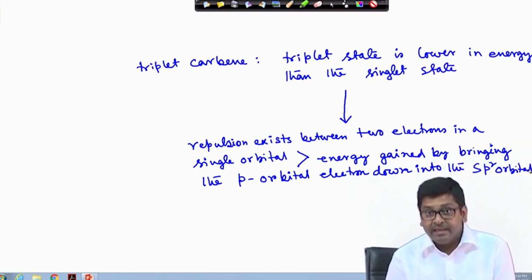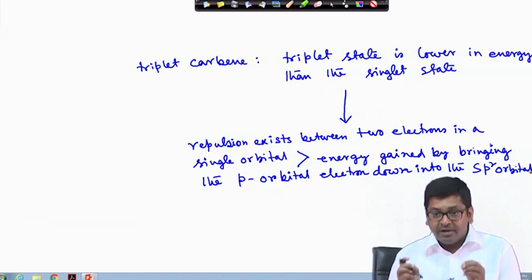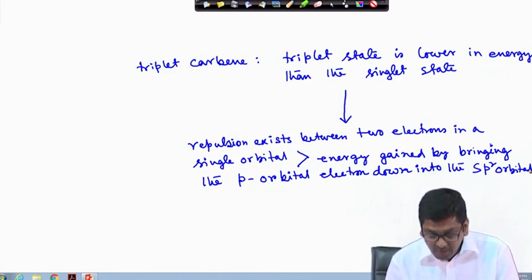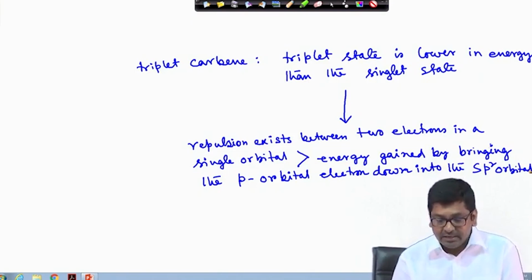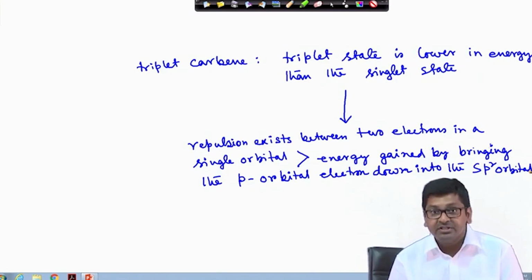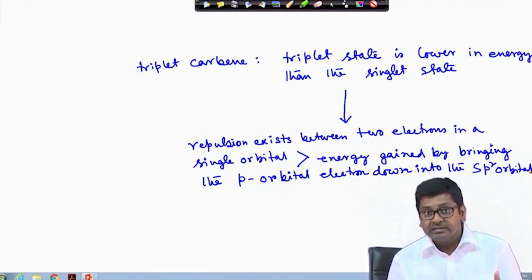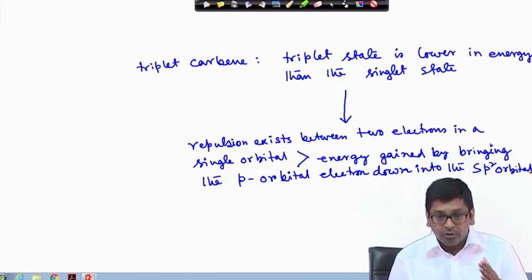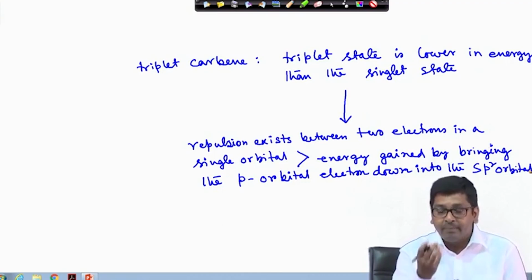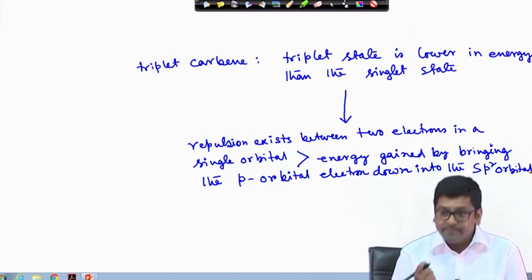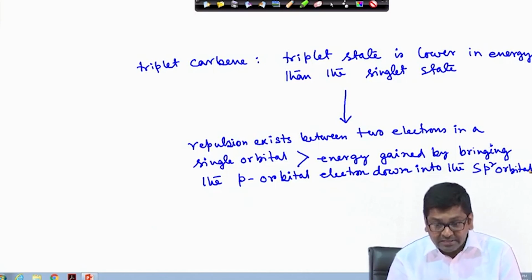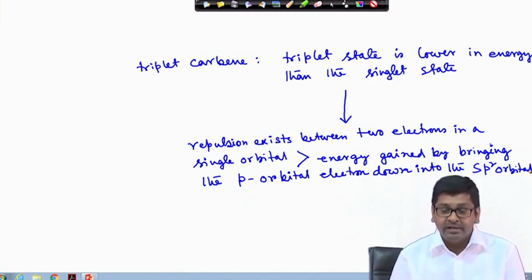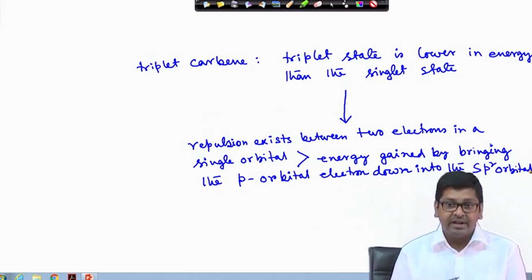If we make it very simple, when two electrons are in a particular orbital, for example sp2 orbitals, they will have some repulsion, which is a repulsive energy. If we bring that electron down from the p orbital to the sp2 orbital, it will gain some energy. Depending upon which one is higher, the carbene will be in a triplet or singlet state.